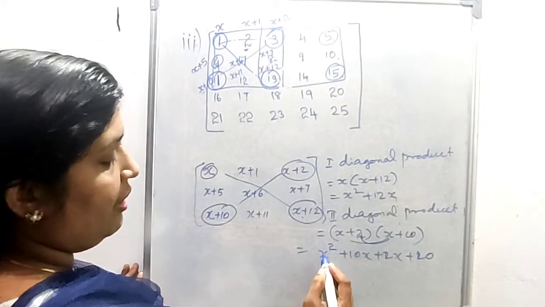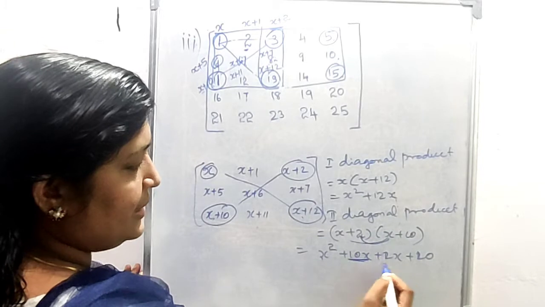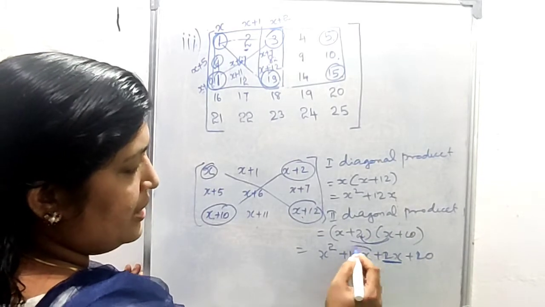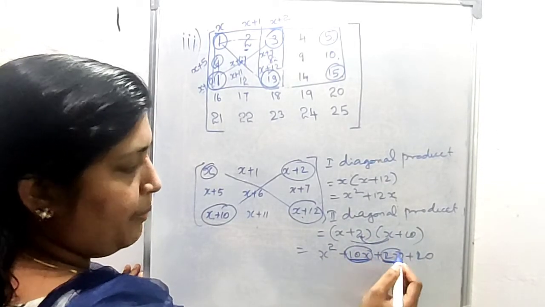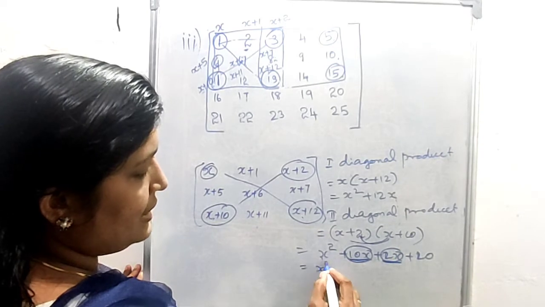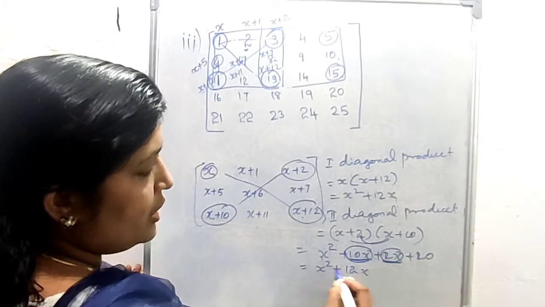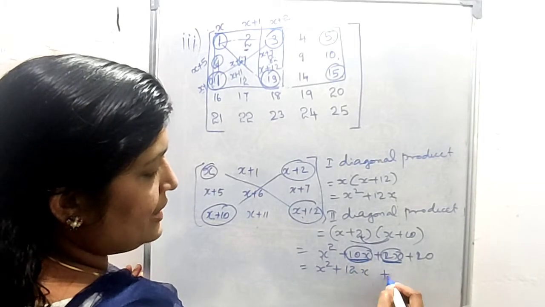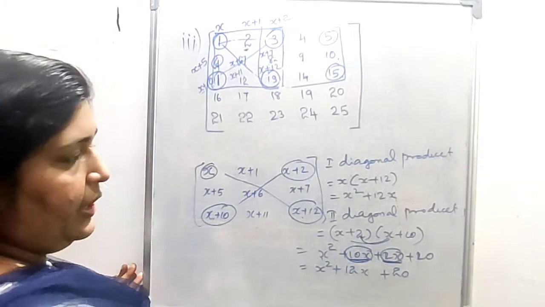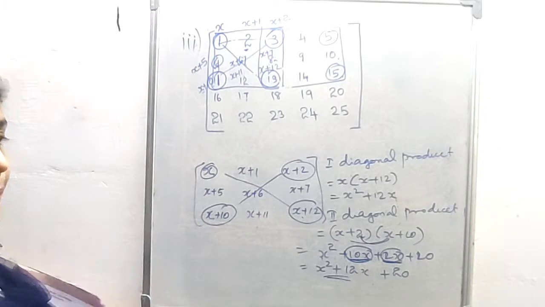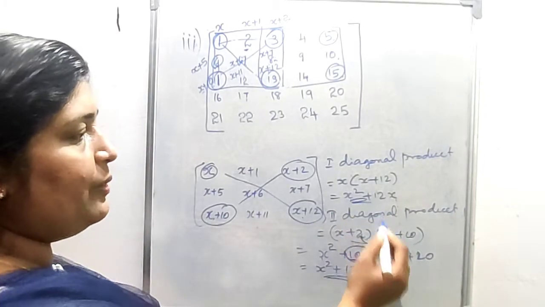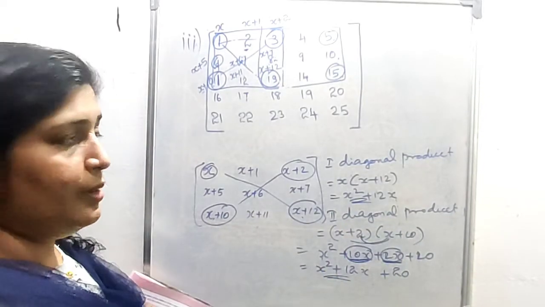So here we have x square plus 10x plus 2x. The same x terms are repeating, so we can combine 10x and 2x as 12x. So x square plus 12x plus 20. This is the second diagonal product, and the earlier one is the first diagonal product.